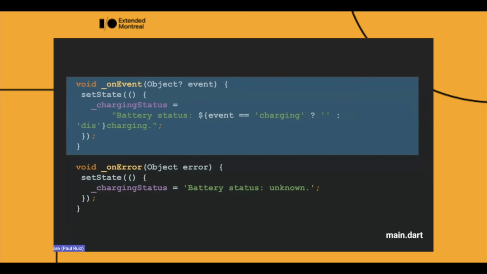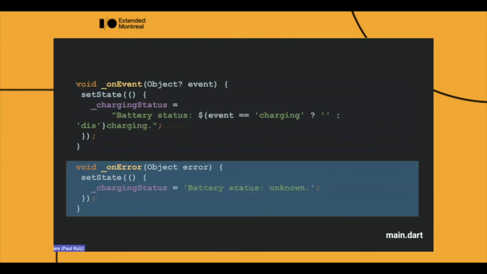This is just a standard event bus where you want to check to see what the type is, and then make your decisions based off of that. In this case, we're just going to change some text on the screen by saving a new string, and then setting the state in Flutter. We'll do something very similar in onError for our use case, but generally this is where you will want to handle a situation where something went wrong in whatever scenarios you're supporting.